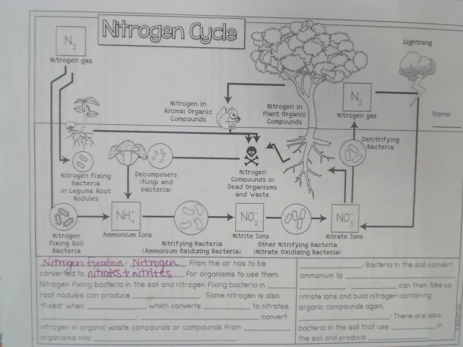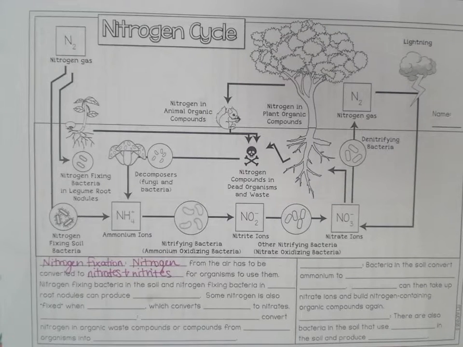So organisms can't use nitrogen in the air, and so in order for them to be used, they have to be fixed. And nitrogen fixation happens when those nitrogen molecules form ions or compounds with nitrates and nitrites. And so that's kind of where we start.